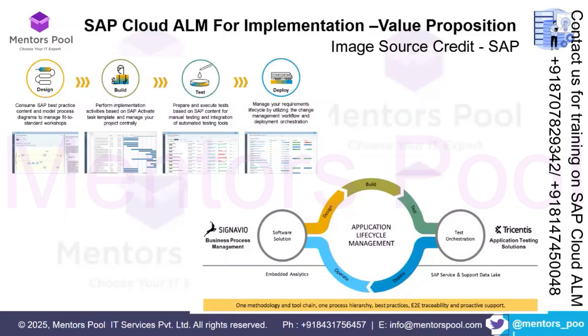And once everything is done, it helps in real-time business operations also, where Signavio helps in doing the fit-gap analysis and process insights on the respective business process, and ALM turns those insights into actionable tasks. So that is how we are going to use implementation as a scenario via SAP Cloud ALM during the real-time business process.